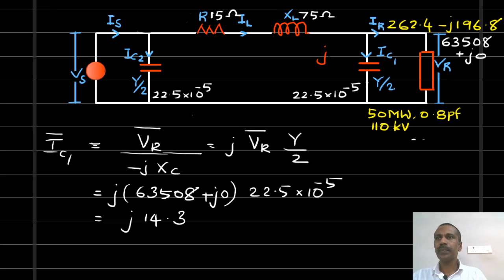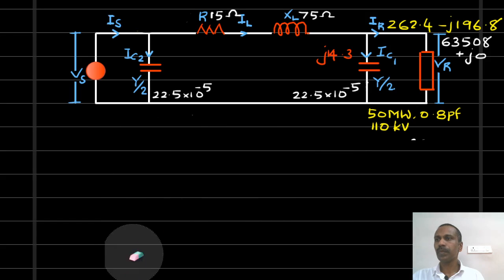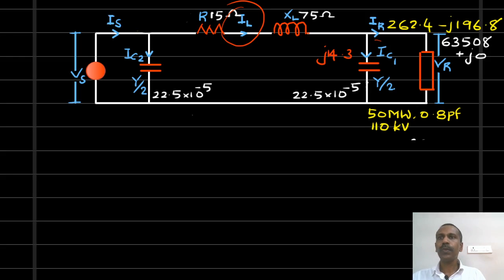It is J 14.3 amperes. Now we have to find out the line current, which is equal to IC1 plus IR.